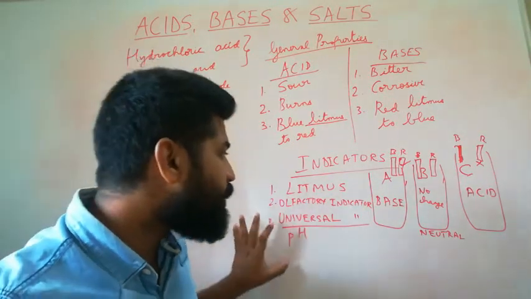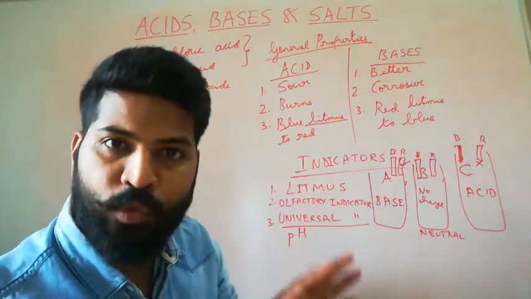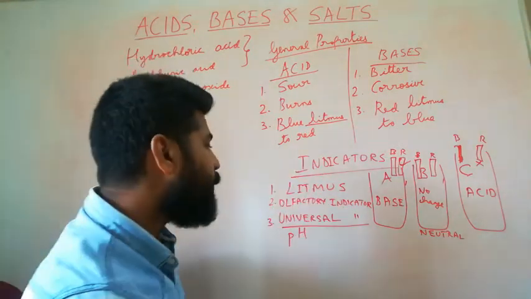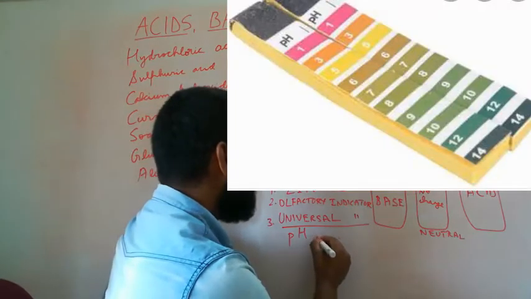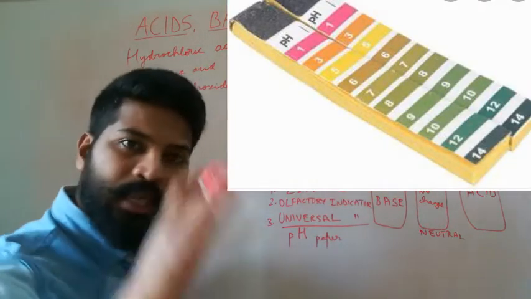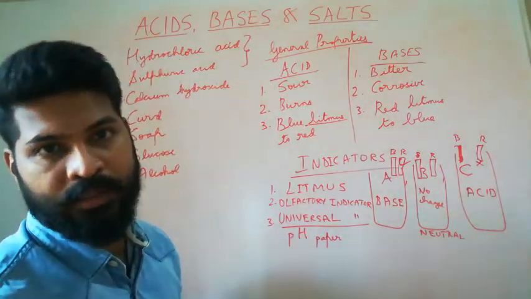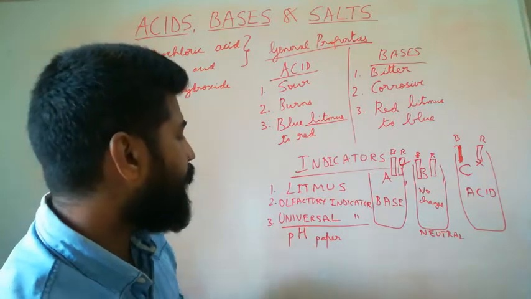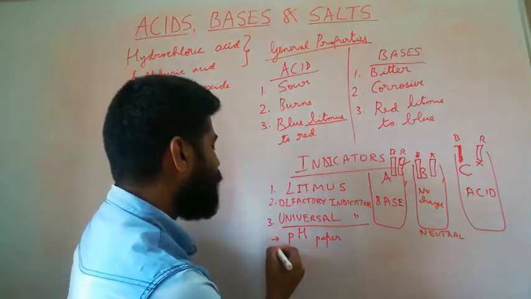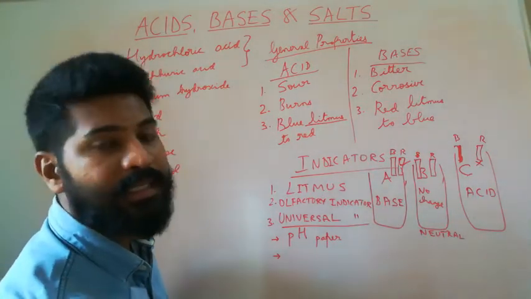Whereas a universal indicator could be in the form of a solution, or it could be in the form of a pH paper which contains a mixture of different indicators. So pH paper can be used in laboratories to find whether a given substance is acid or a base.